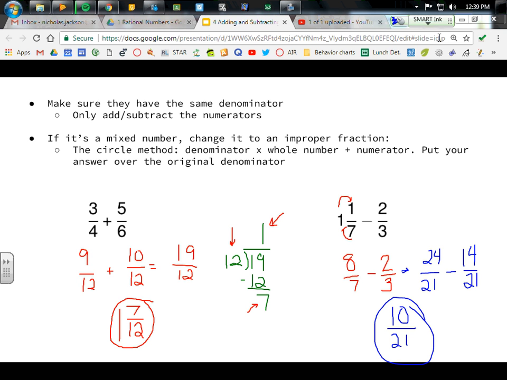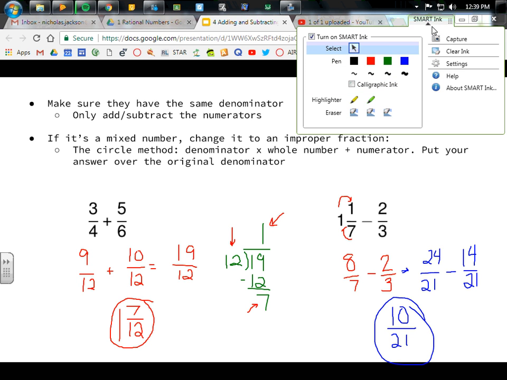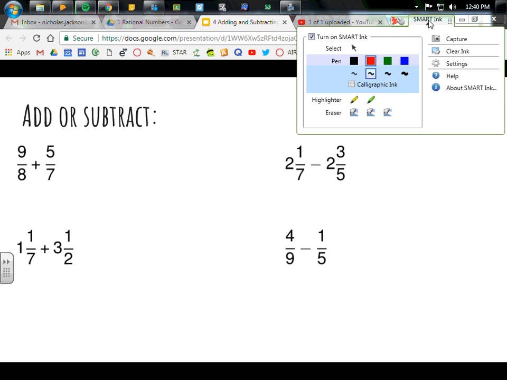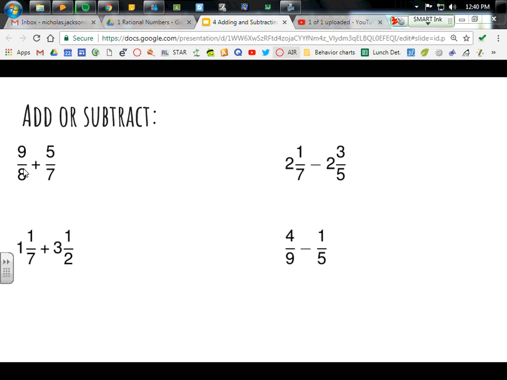All right. Let's try a couple more. We won't try all of these, but let's maybe try the top two. All right. So 9/8 plus 5/7. The lowest common denominator between 8 and 7, because 7 is really just a difficult number to work with, is going to be 56.